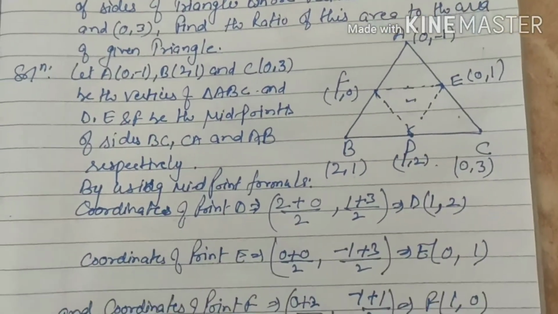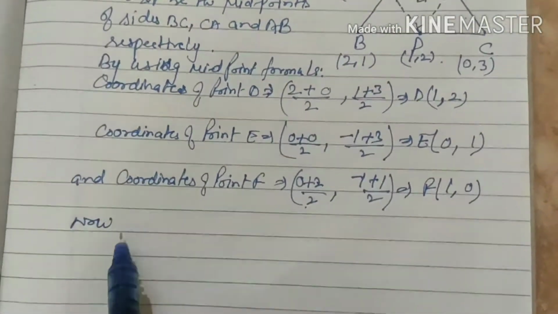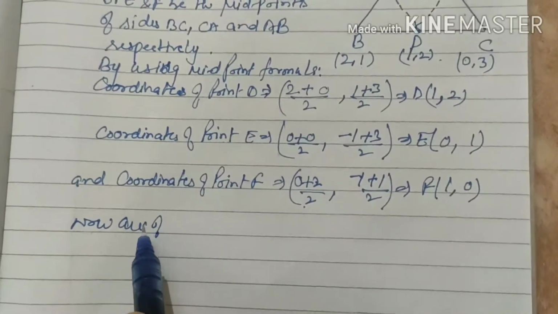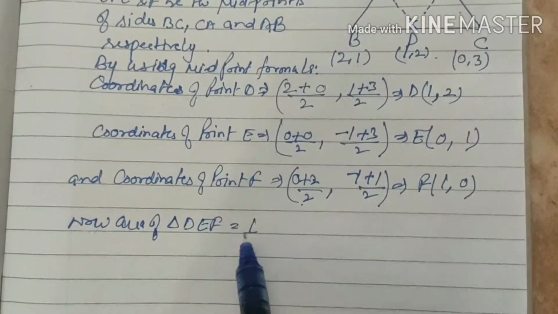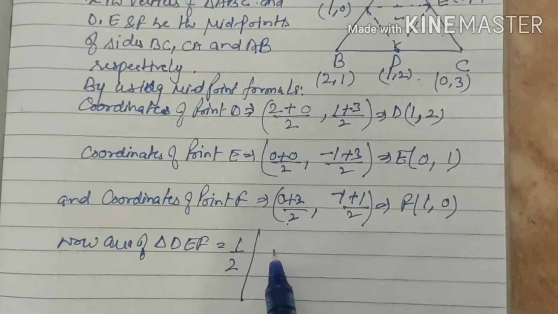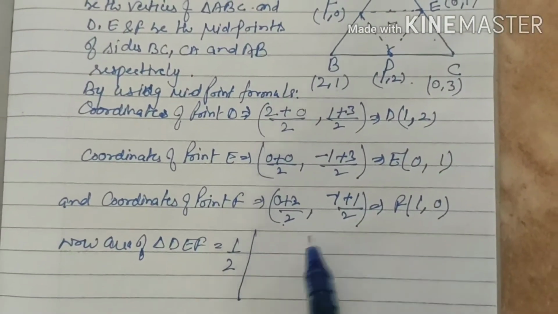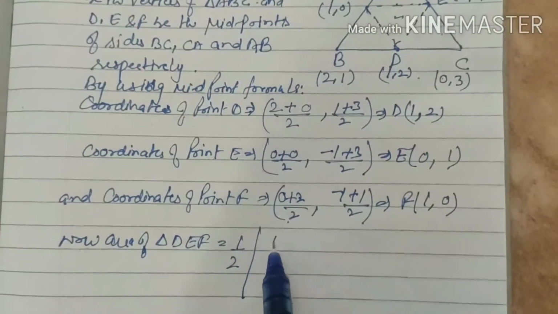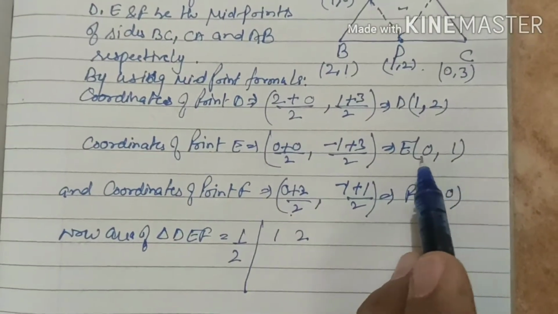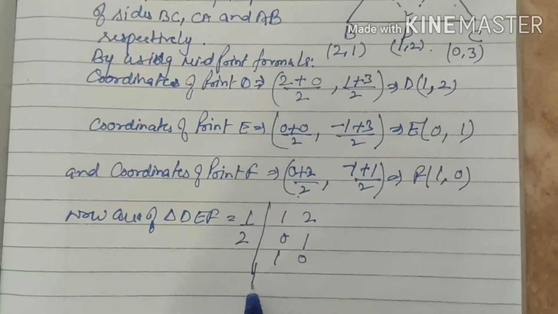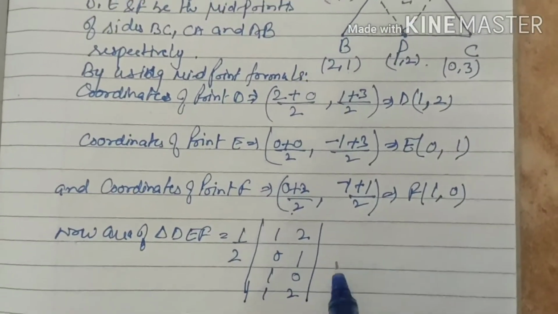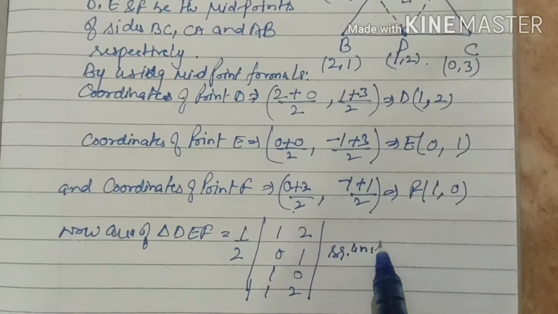Now the area of triangle DEF will be 1 by 2 times x1 y1, which we have as (1, 2), then x2 y2 we have as (0, 1), then x3 y3 we have as (1, 0), and in the end we will repeat x1 y1, square unit.